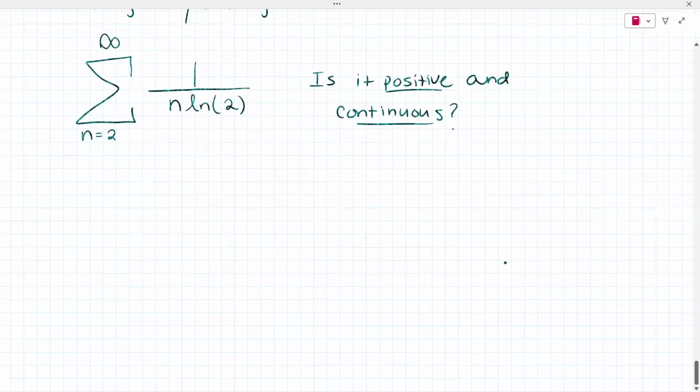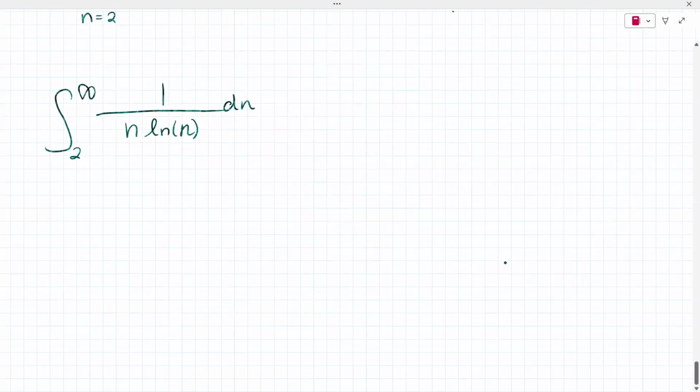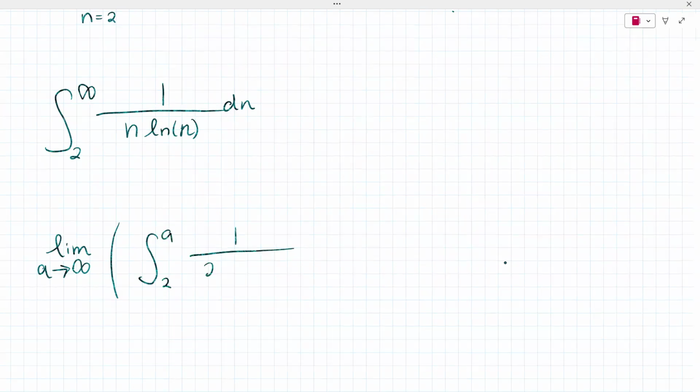So it would be the integral from 2 to infinity of 1 over n ln of n dn. So that's going to be the limit as a approaches infinity of the integral from 2 to a of 1 over n ln n dn.